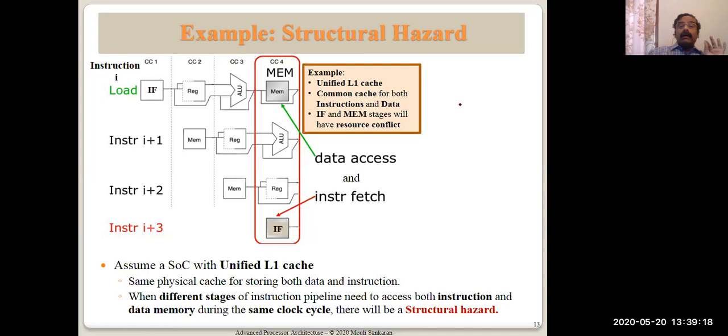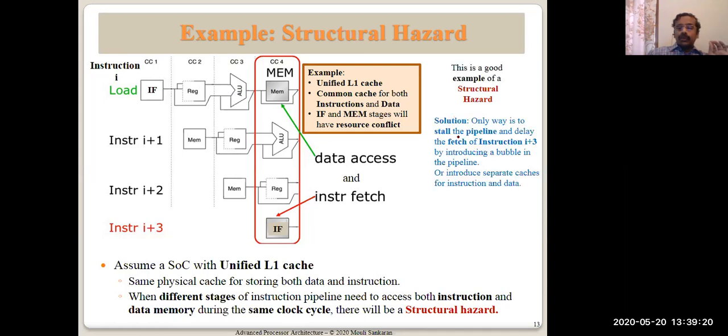How do we solve it? One way is to provide two different instruction and data memories and provide an interface so that they all happen in parallel. That's a permanent solution, because we are going to see this kind of structural hazard very often.